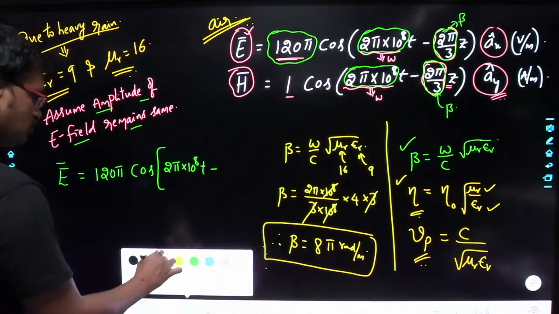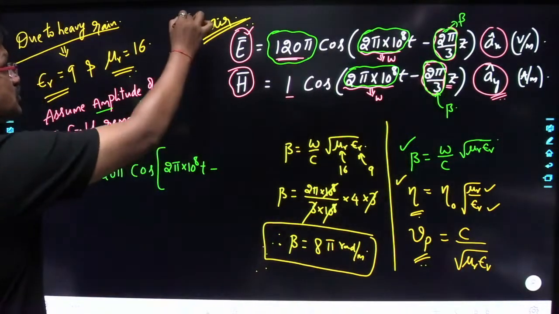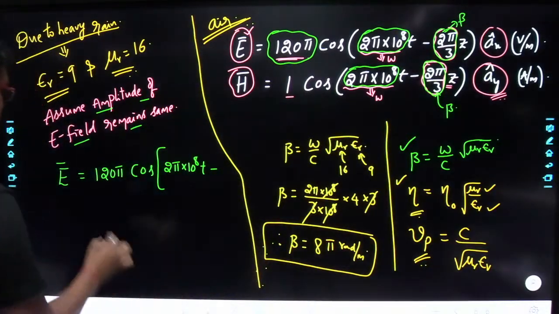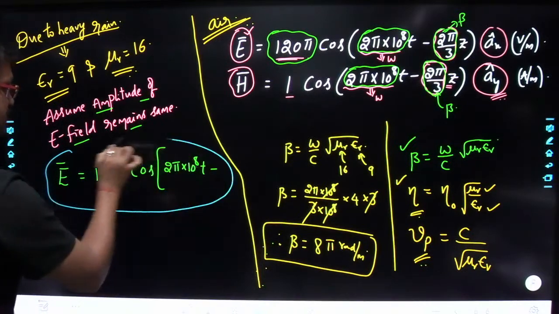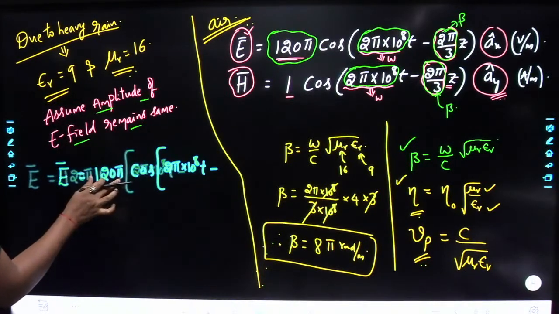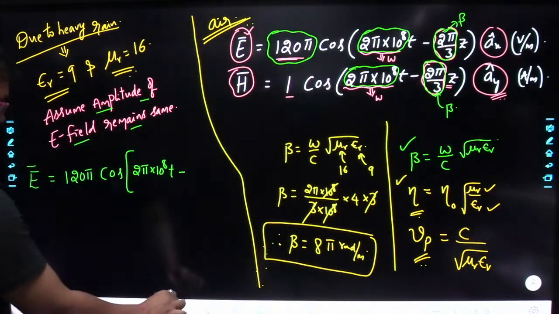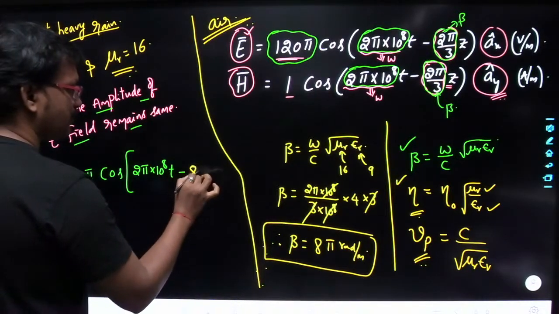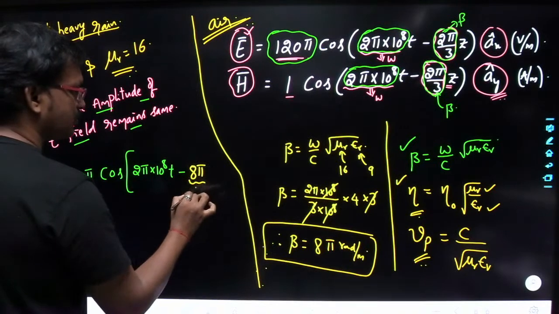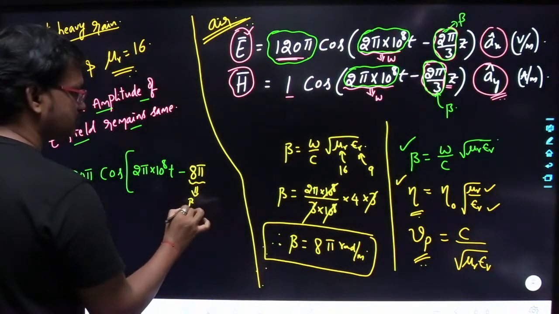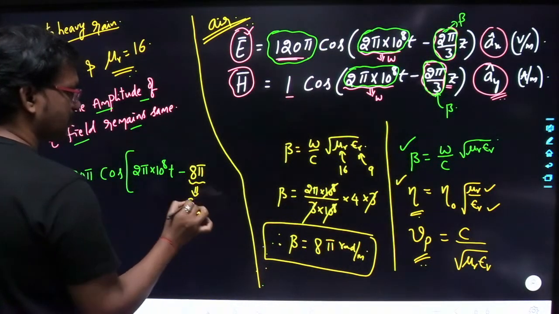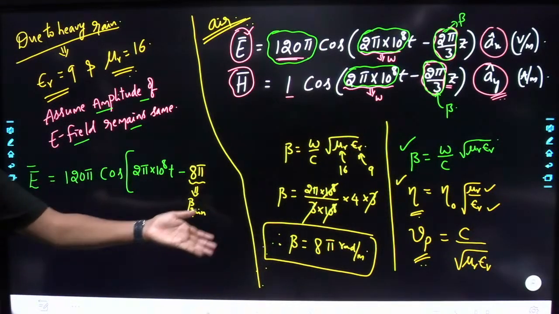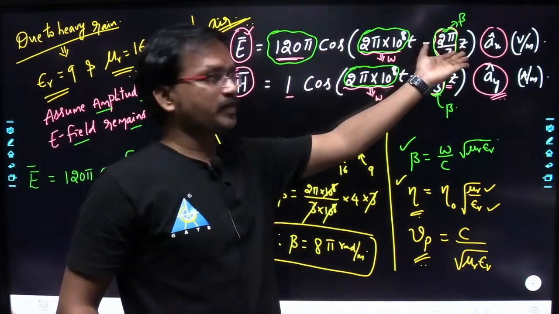So beta value has become 8 pi radian per meter, right? Due to this heavy rain, the medium properties have changed, so because of this, beta is also going to change. Here beta value will become 8 pi. So this is the beta value in case of rain. Due to heavy rain, beta value has changed. Here in air medium, the value is 2 pi by 3.